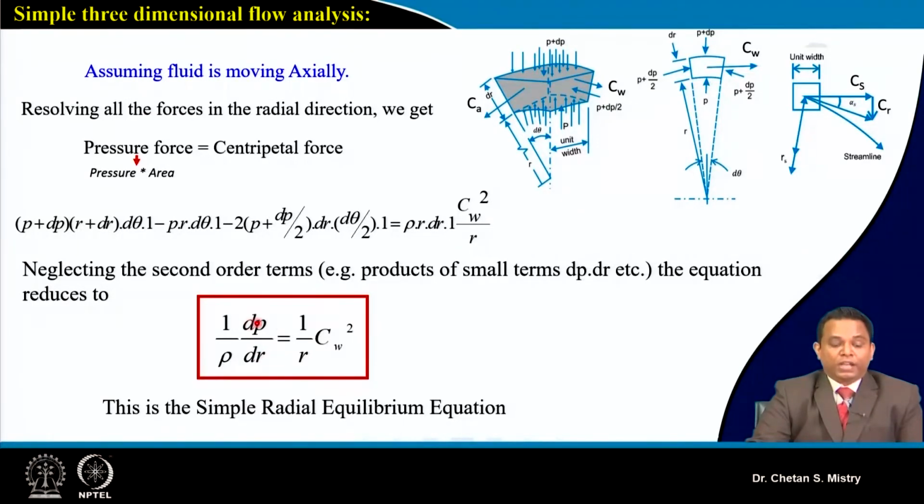Now you can understand this represents how my pressure is changing along the radius, or we can say how my pressure is changing along the span, and that is known as the simple radial equilibrium equation.